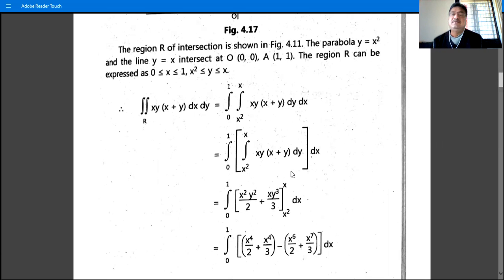Okay, so I will share this example with you by changing the order.